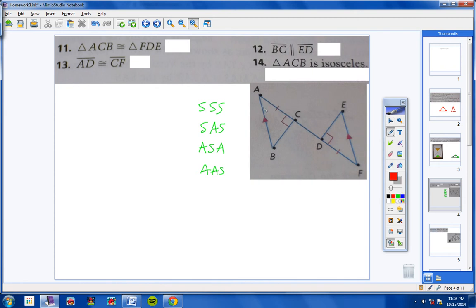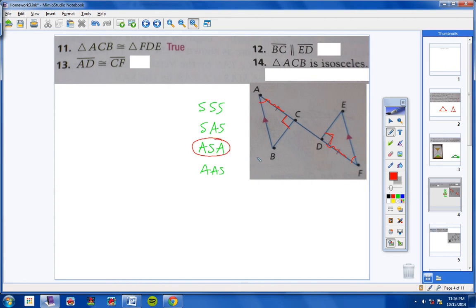I know that this side here is congruent to this side here. I know this angle here is congruent to this angle here. And now I know this angle here is congruent to this angle here. Look what I have. Angle, side, angle is congruent to angle, side, angle. So, yes, I can definitely state those two triangles are congruent, and my reason would be angle, side, angle, okay?